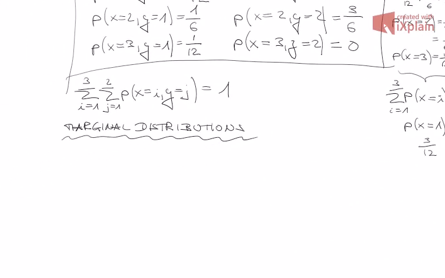Now, as I said, there's also another marginal distribution. So we have already found our Px, where essentially what we did is that the probability for x taking on the value i is given by the sum of the probabilities that y takes on j.